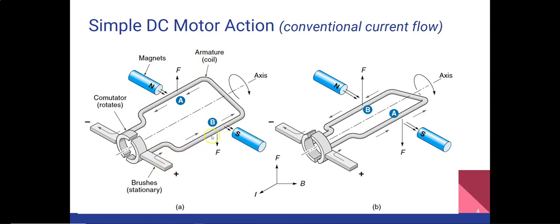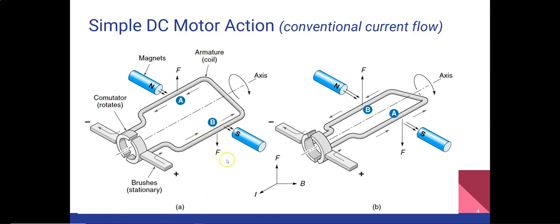So we have a conducting wire which has a current flowing into it, and then we have a magnetic field, due to which a force will be produced. You can see this will be the direction of the force, and this direction we have got when the current is flowing in this way. Whereas when the current flows in the other direction, the force will be exerted downward.